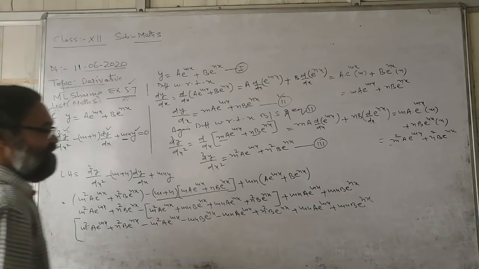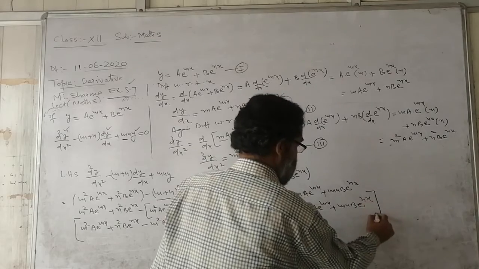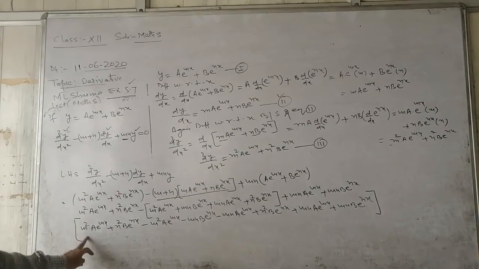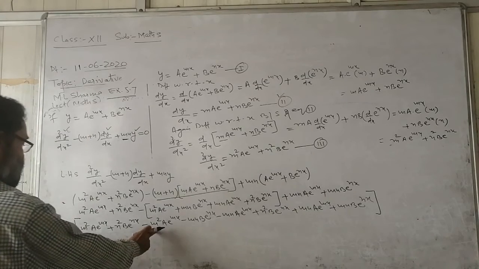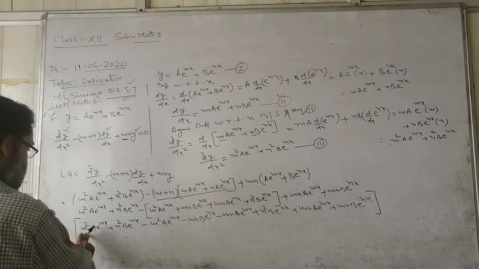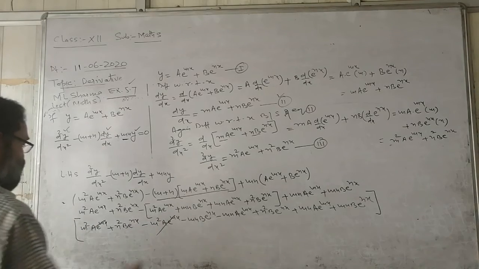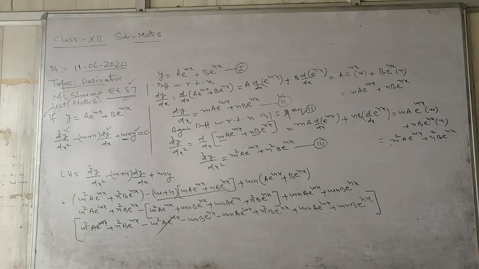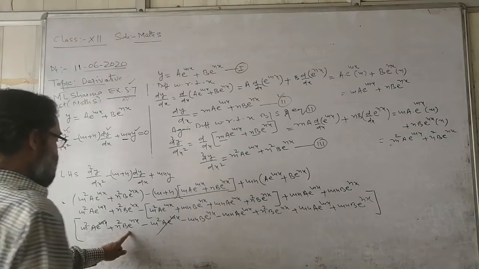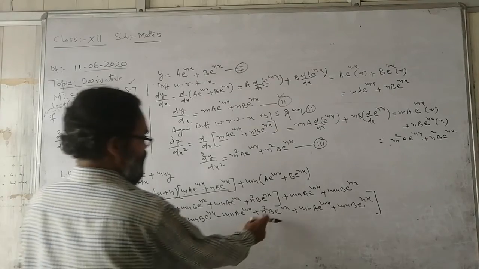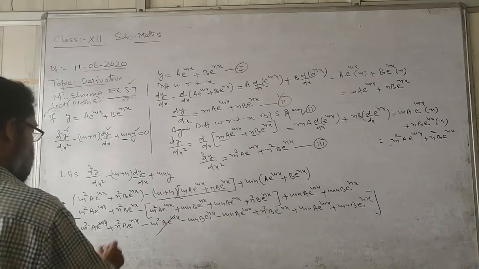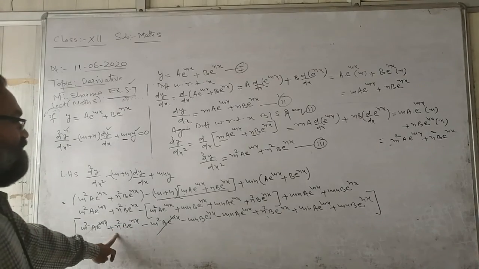Now let us see what these 8 terms give. The first term is m square a e^(mx). This is positive and this is negative, so out of 8, 2 terms are cancelled. Then n square b e^(nx): this is positive, this is negative, so they will cancel.